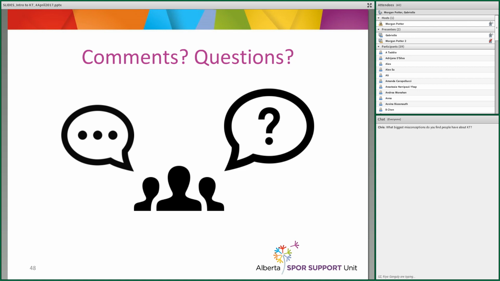Well, I think the biggest barrier of researchers applying these KT practices is not engaging with your knowledge users and really understanding what information people need from you.